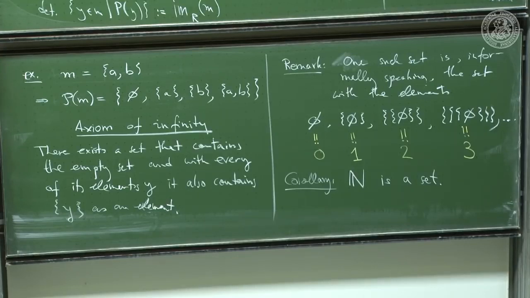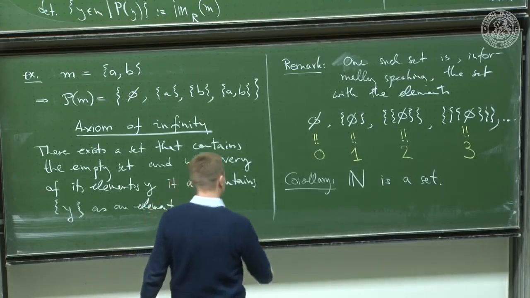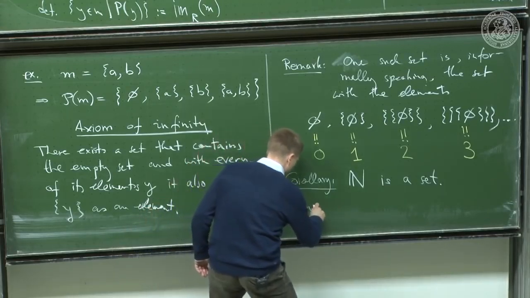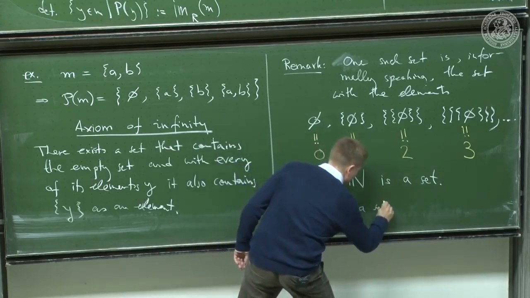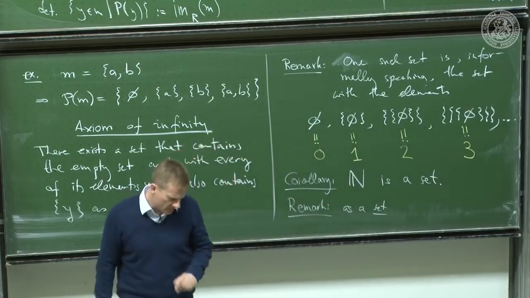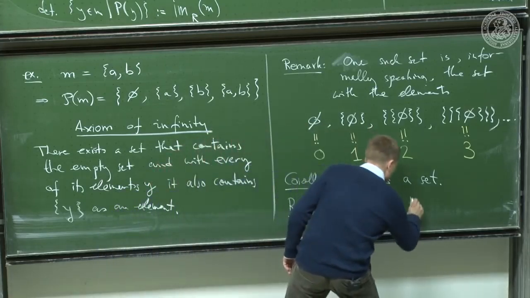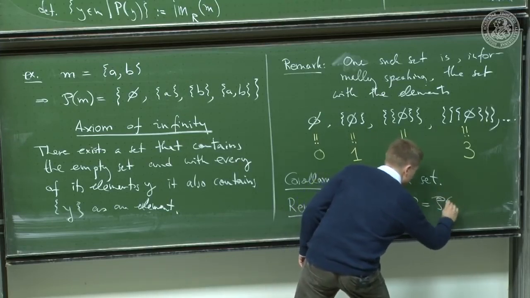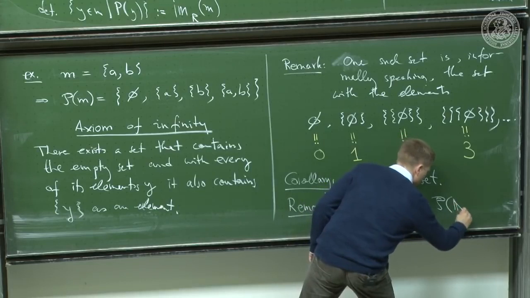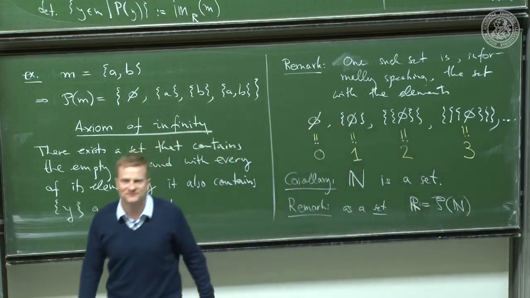Now you say, well, again one of these maybe aesthetically not so appealing axioms, but you can say, okay, what's next? You require that the real numbers always exist? Well, remark: as a set, not anything further, as a set, the real numbers can be understood as, or defined as, the power set of the integers.